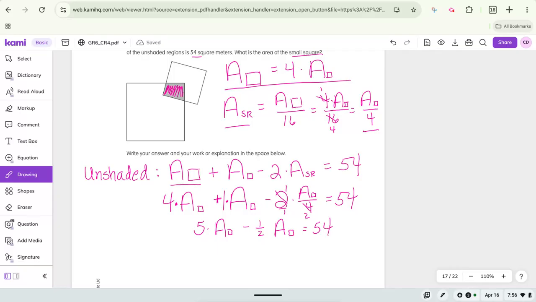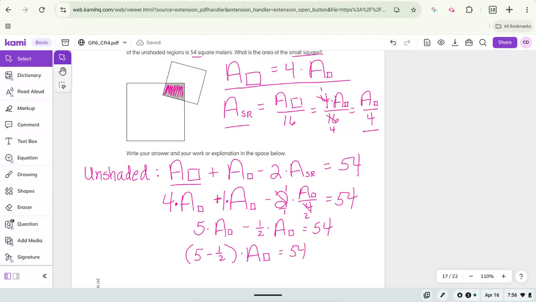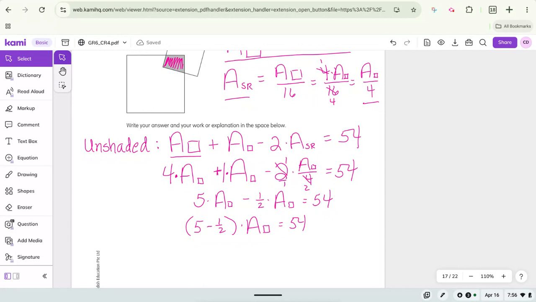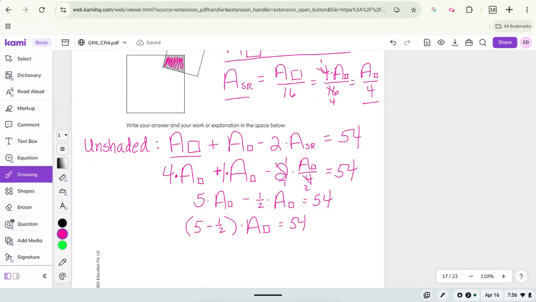So I have 5 times the area of the small square minus 1/2 the area of the small square. So I can just combine those by subtracting 1/2 from 5. So 5 minus 1/2 is 4.5. I'm just going to write it as 4.5 for the sake of simplicity here and for the use of my calculator.